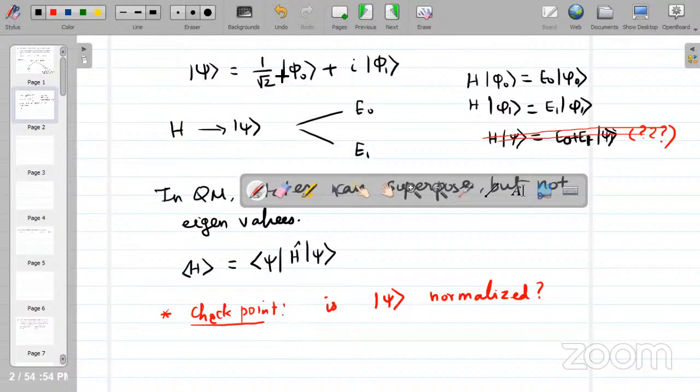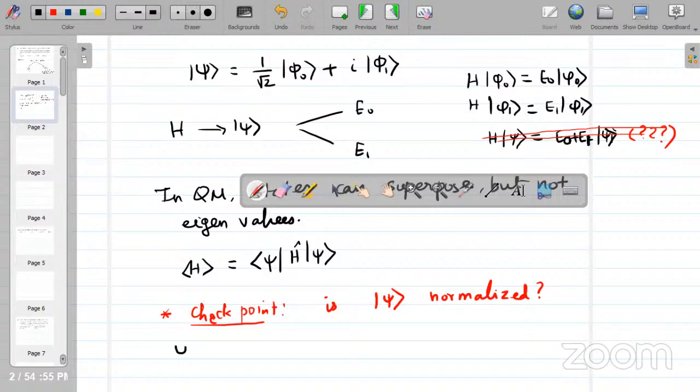So I have given psi equals 1 by root 2 phi naught plus i phi 1. So this is the given wave function. Is it normalized or not normalized? Not normalized. So here, what is the condition?